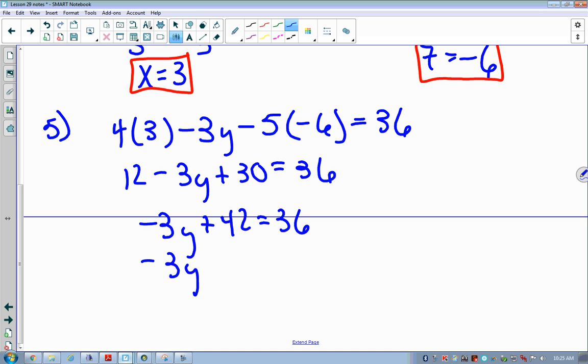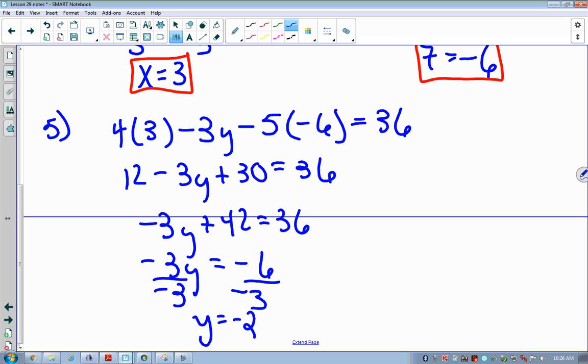Negative 3y, we're going to subtract 42 from 36. Should give me what, negative 12? Negative 6. Oh, I was way off. Negative 6. All right, divide by negative 3. Y equals negative 2.